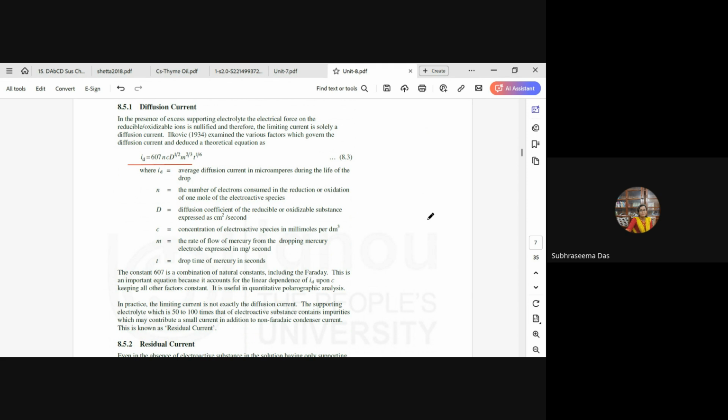So, using the theoretical equation, we can find the diffusion current of an electroactive species.